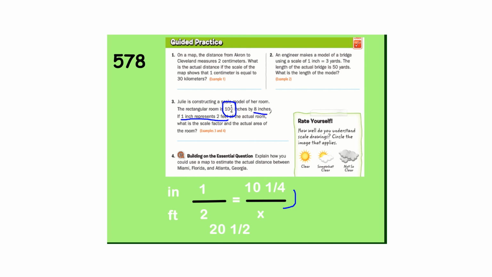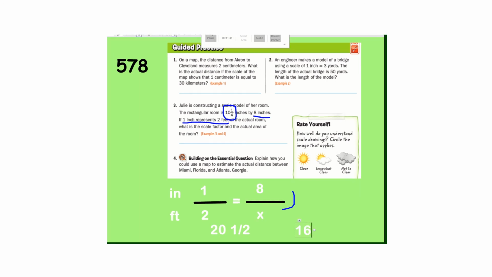Now we have to do the same thing for the 8. So I'm going to take out the 10 1/4. I'm going to put an 8 there. So 8 times 2 divided by 1, 16. So the room is going to be 20 1/2 times 16 is 328 square feet. So that's one part of the question.